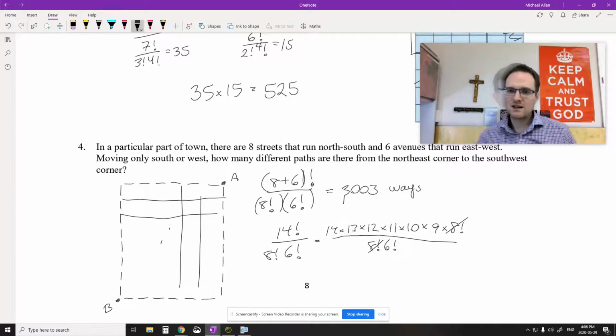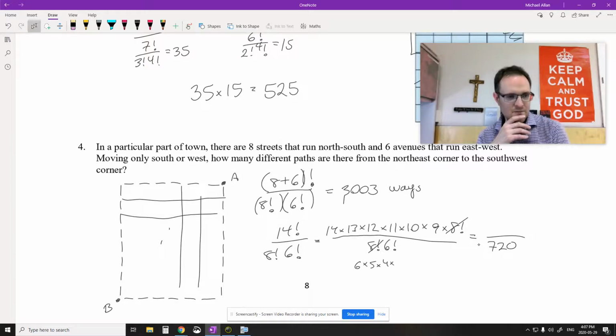6, what is 6 factorial? Does that reduce out with anything on the top there? 720. Yeah, not really. Okay, so I have 720. You probably could see what else crosses off here.